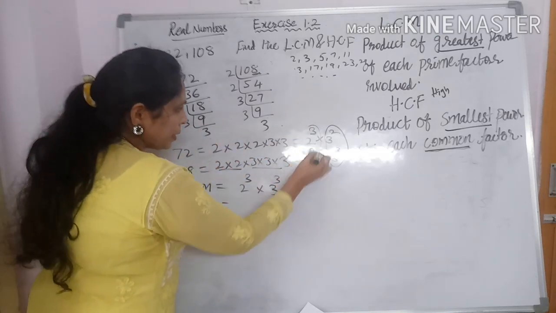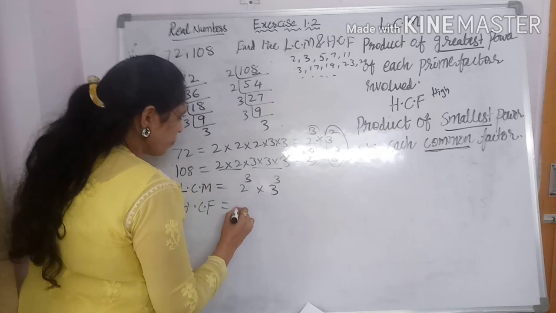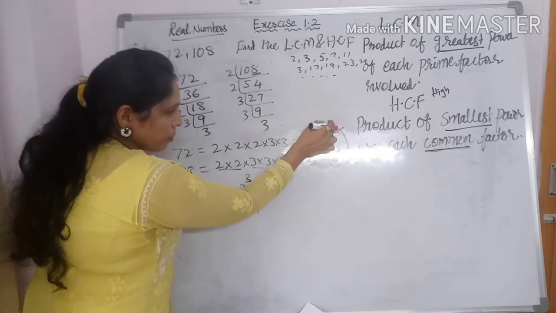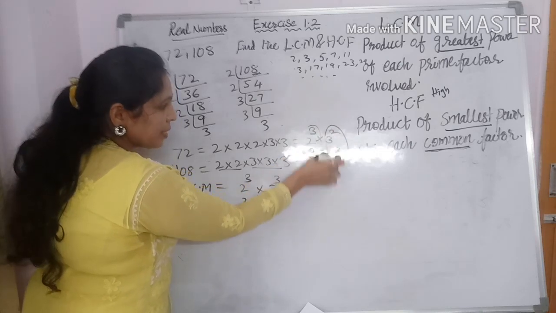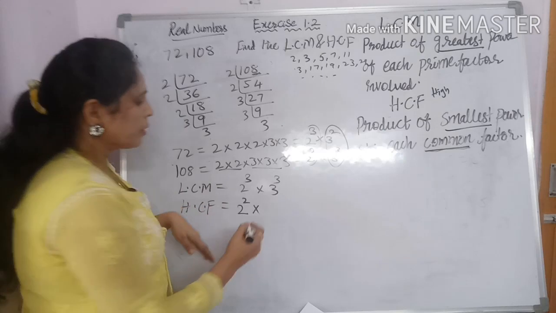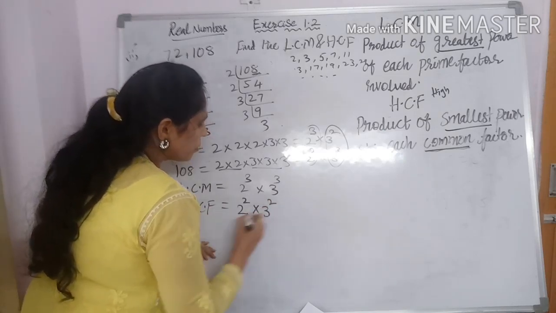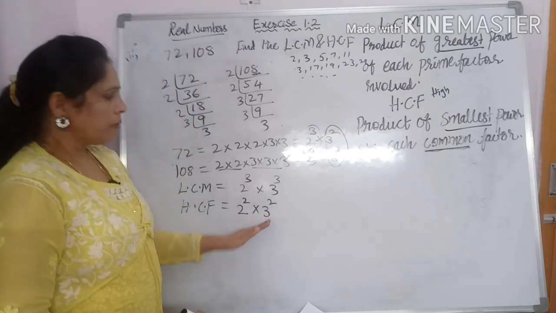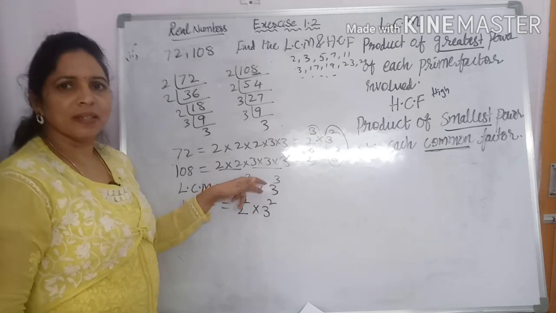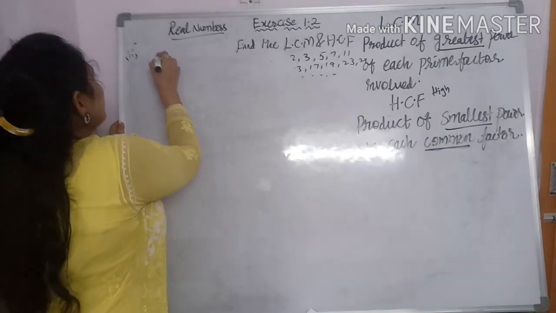Which one is the smallest here? 2 square. So 2 square into, which one is the smallest power, 3 square or 3 cube? Obviously 3 square. So this is our HCF, and this one is our LCM. Understood?